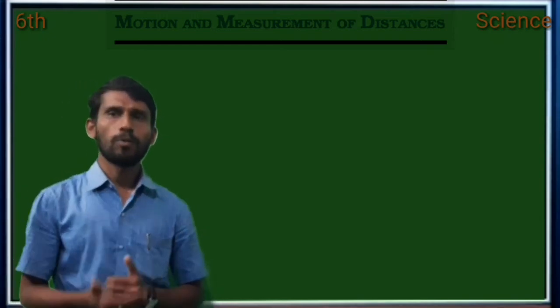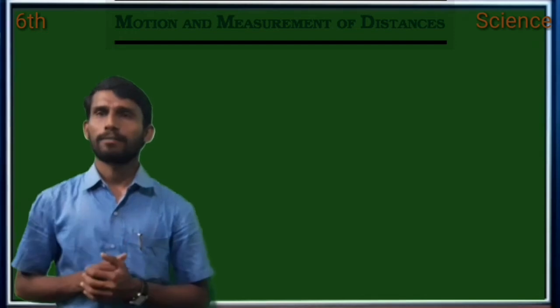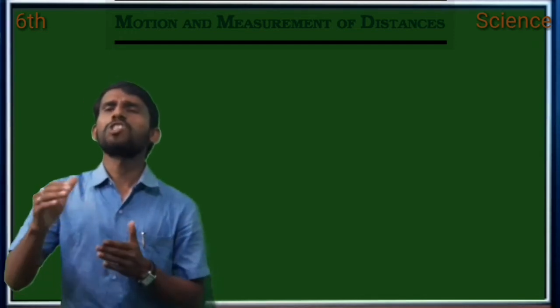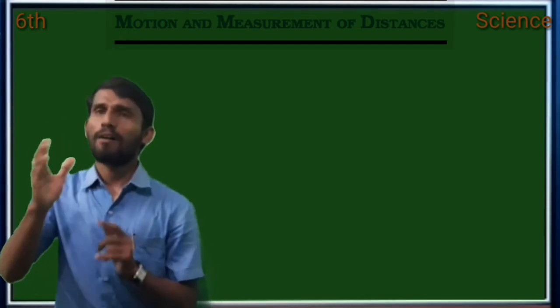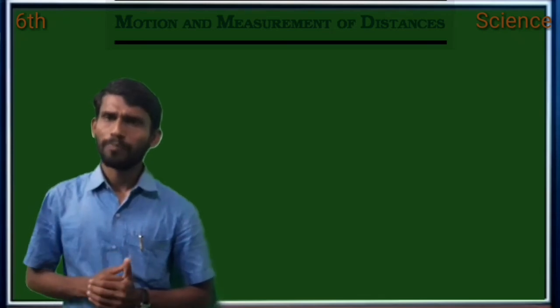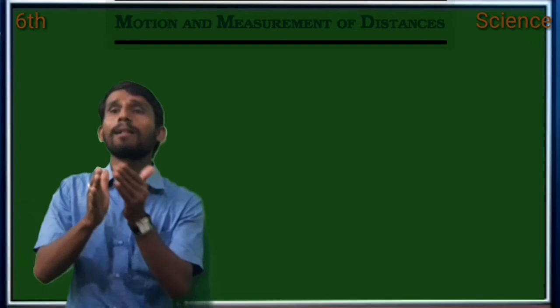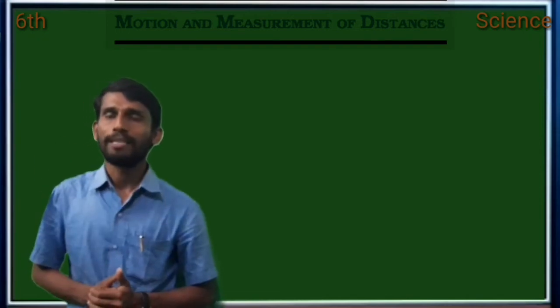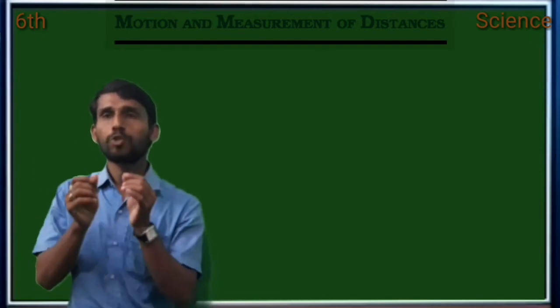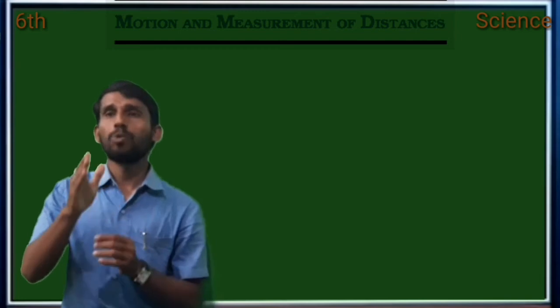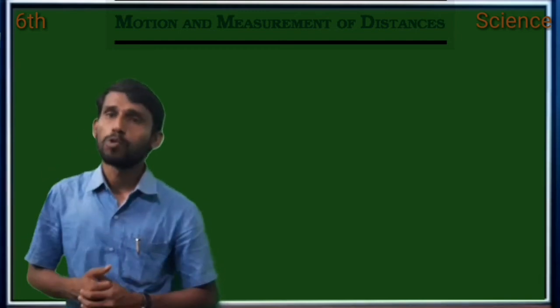Dear students, we have to know here that some objects show a combination of two or more types of motion. Do you know which objects show a combination of two or more types of motion? Yes, some objects show a combination of two or more types of motion.